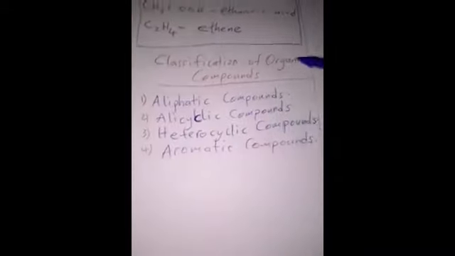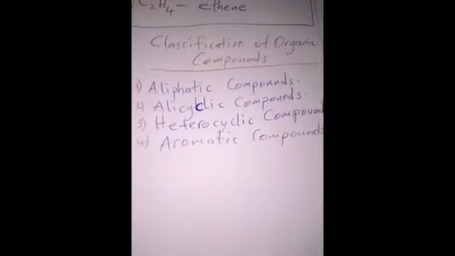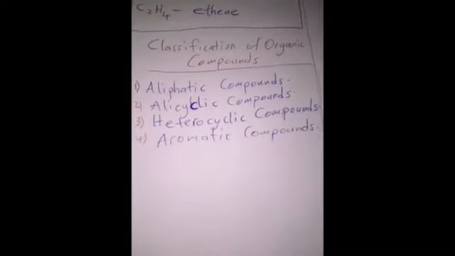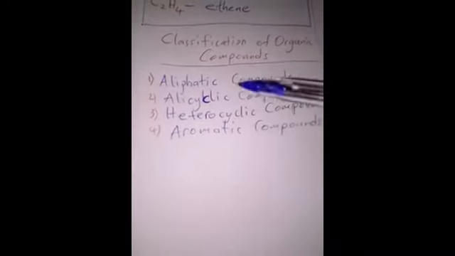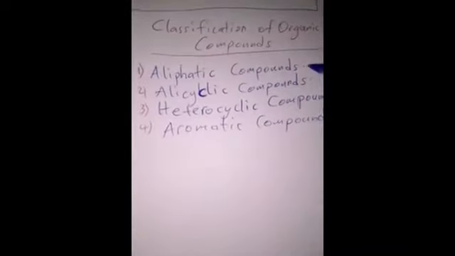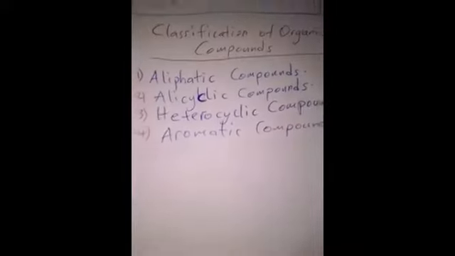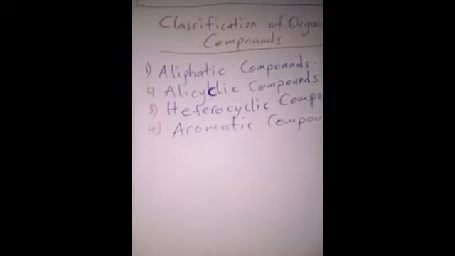Now, let's go to the classification of organic compounds. When we classify them, we classify them according to 4 different categories. The first one is aliphatic compound. We have another one to be alicyclic compound.